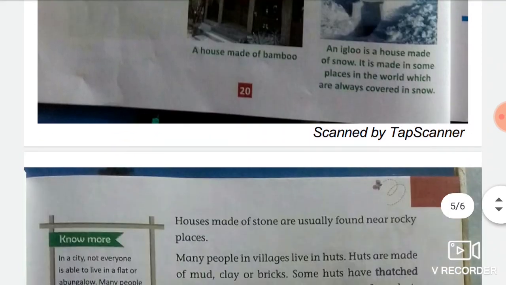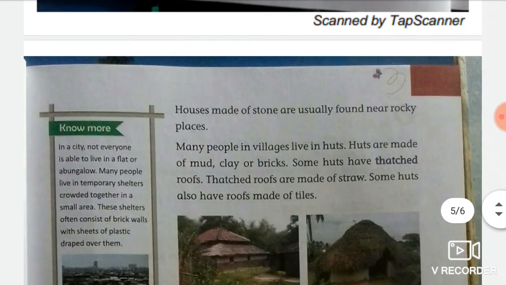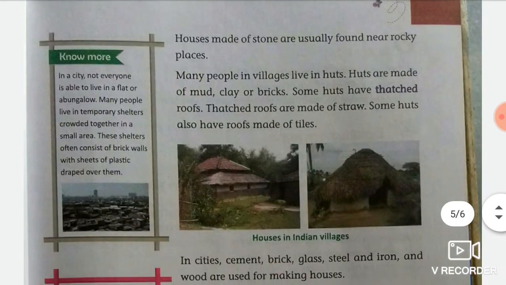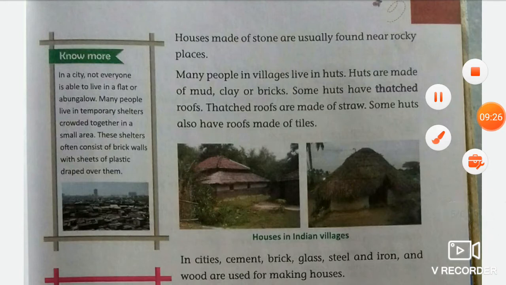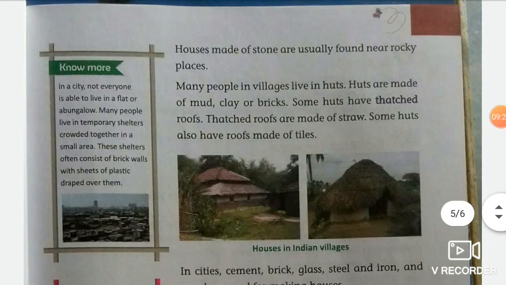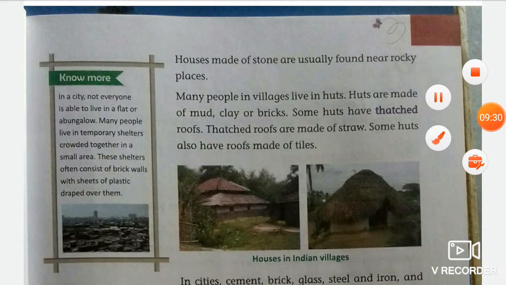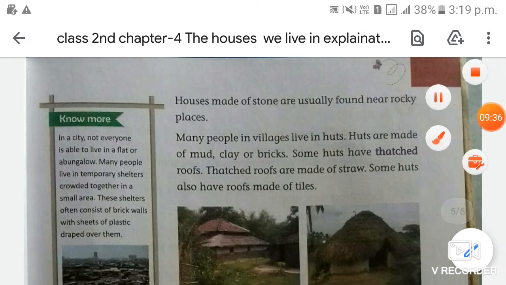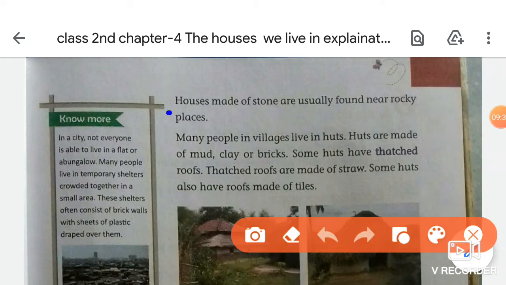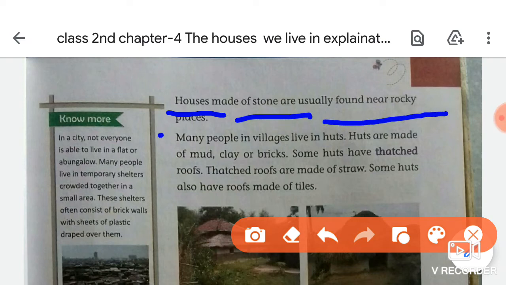Now turn your page and come to the next page, students. Houses made of stone. Put your finger on the first line. Houses made of stone are usually found near rocky places.